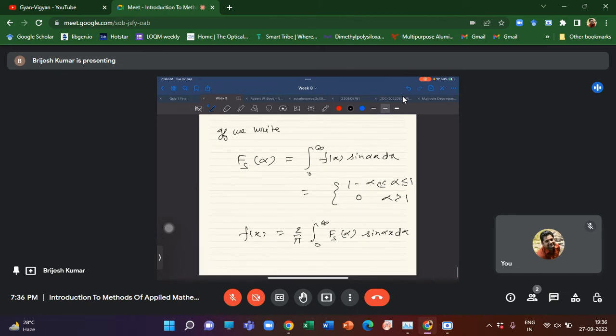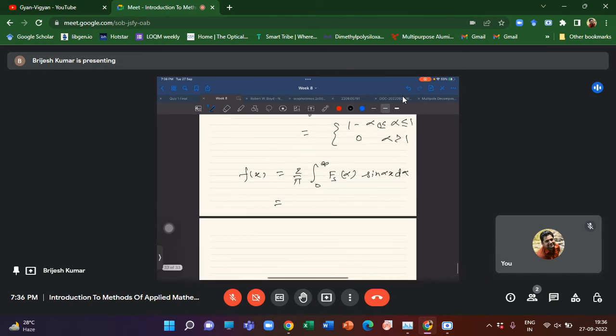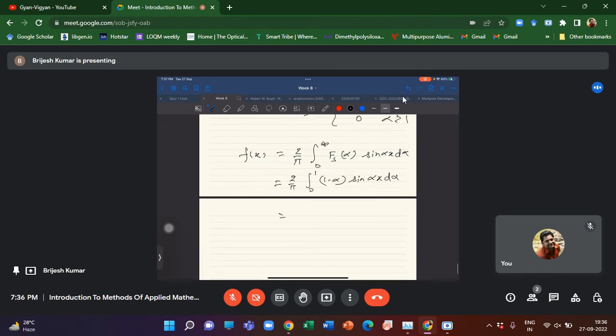Okay, so from here you can write 2 upon pi, integral from 0 to 1 of 1 minus alpha, sine alpha x d alpha. So it will be 2 times x minus sine x upon pi x square. Okay, so this f(x) will be this.